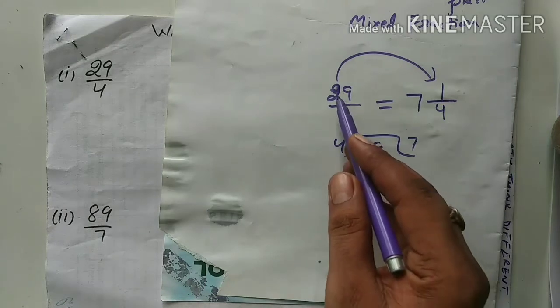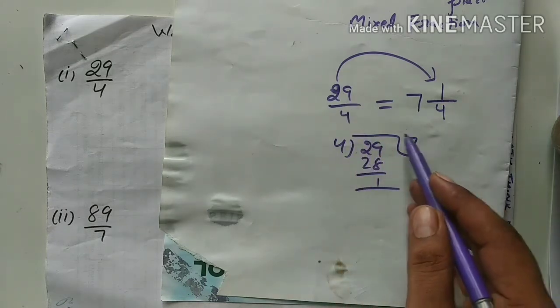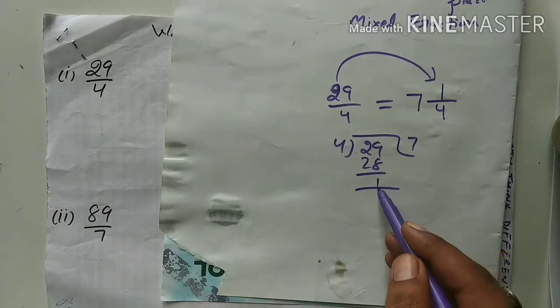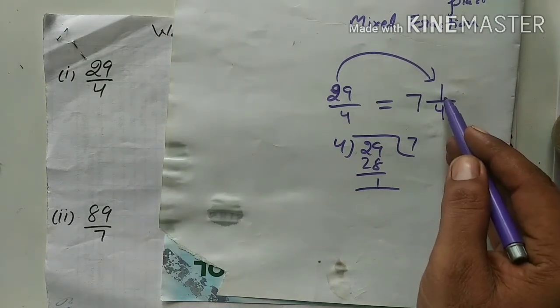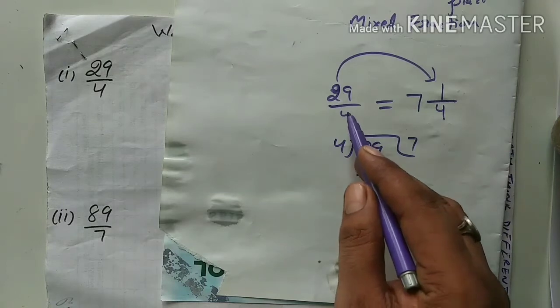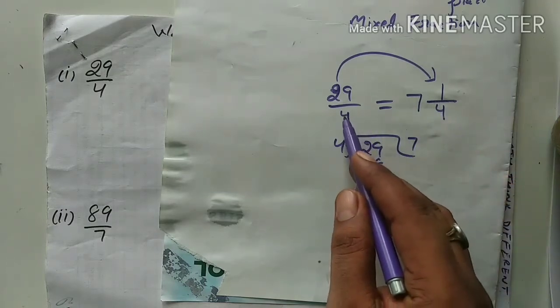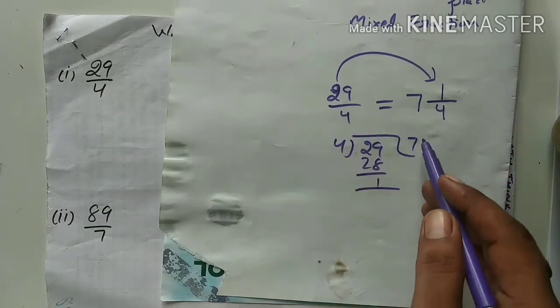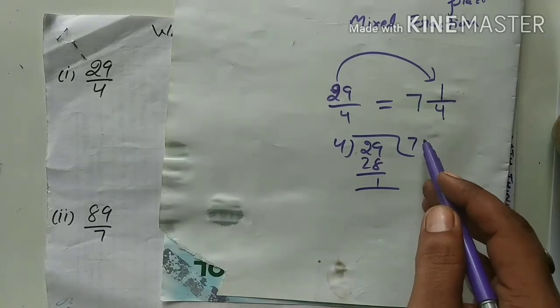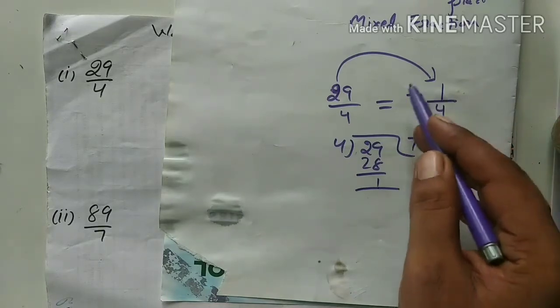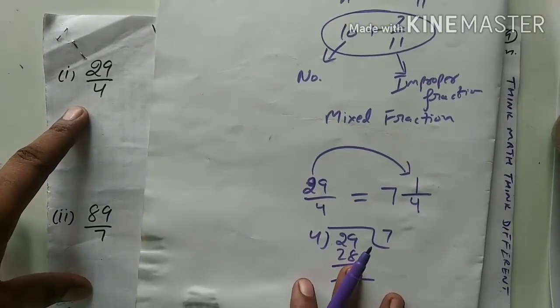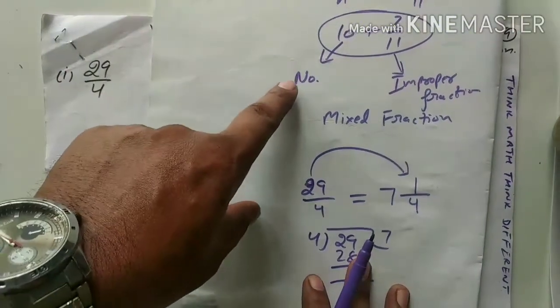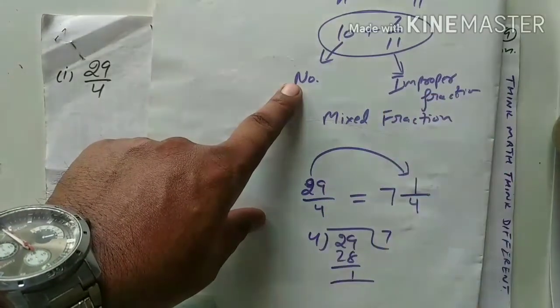Firstly you will divide 29 by 4, then you get this answer. The remainder you will write in the place of the numerator, in the place of the denominator you will write the earlier denominator, and the quotient you will write in the place of the complete number. Because you know what a mixed fraction is? A mixed fraction is the combination of a number plus a fraction.